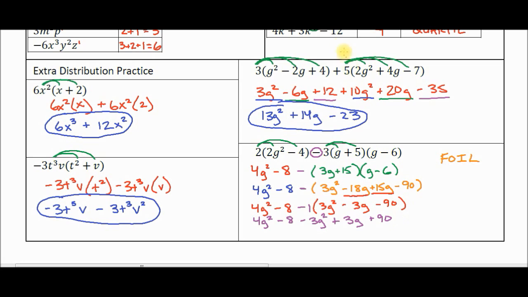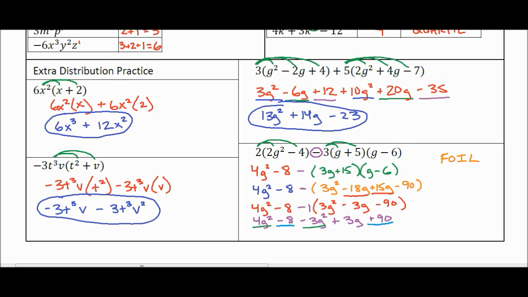Almost done. Last step, can we combine any like terms? And we definitely can. We've got a g squared here and a g squared here. We have no other g terms, so there's nothing to combine there. But we do have a negative 8 and a positive 90.